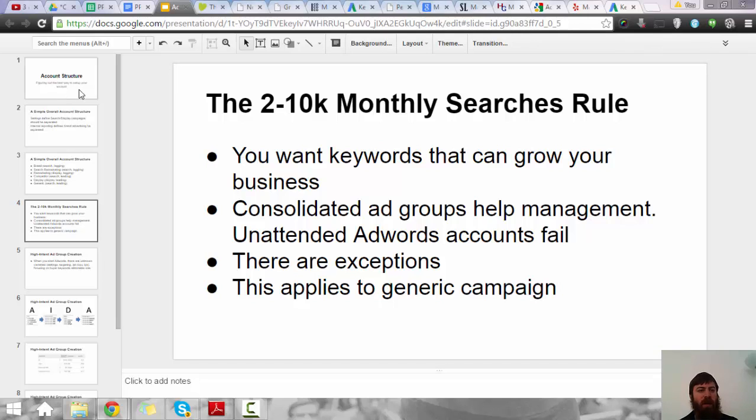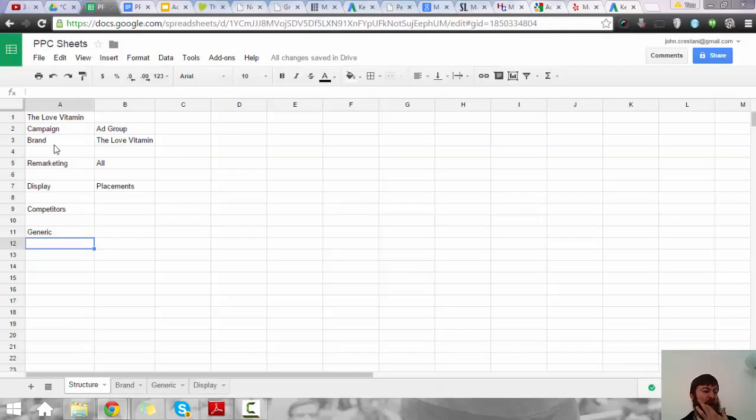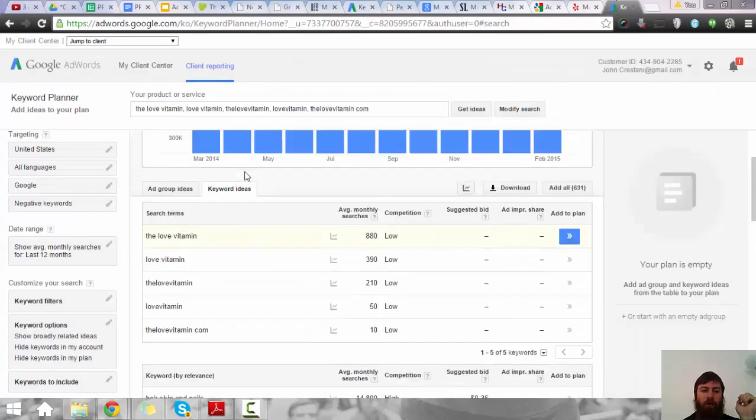For stuff such as your brand, even if your brand is not getting over 2,000 searches per month, you're still going to want to advertise on it. I want to make that very clear. You always want to advertise on your brand. Competitors, you're always going to want to advertise on your competitors, no matter how small the search volume is, because that's about as targeted as you can get. But in terms of generic campaigns, we're going to have to go a little bit broader.